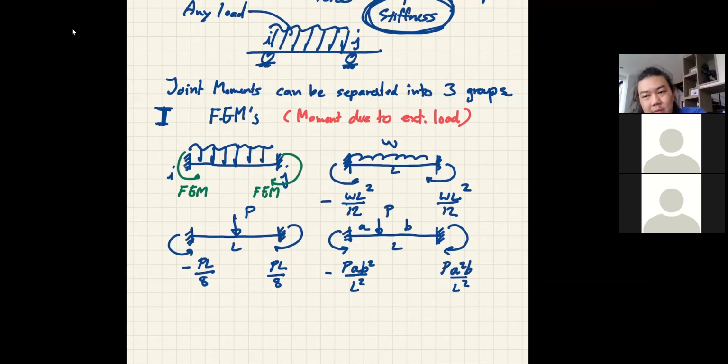There are formulas for them. No worries. If you have more than one load, superposition applies. So that's our first category: moment due to external load alone. Is there any question? This one is pretty straightforward.